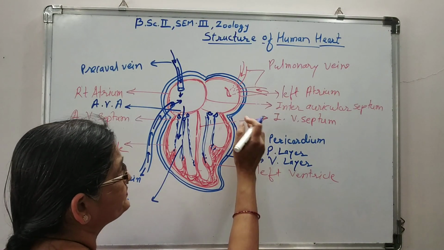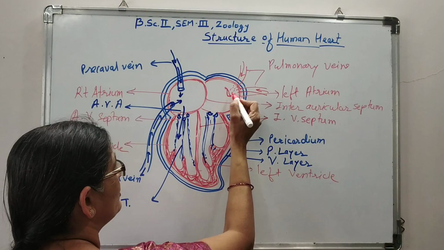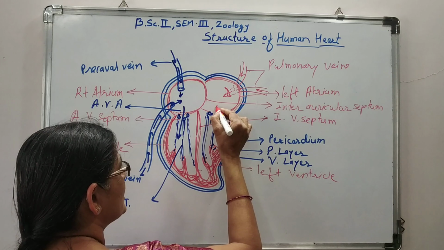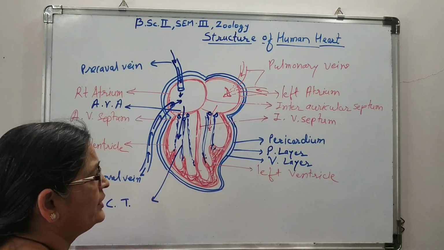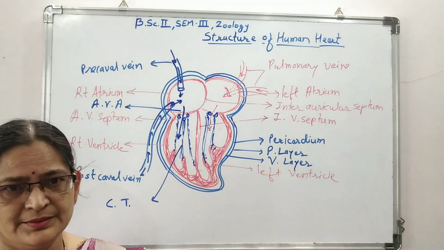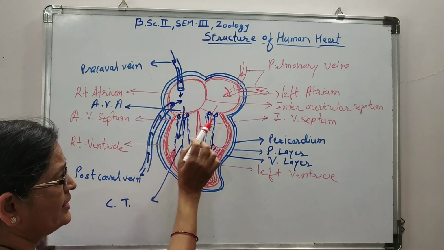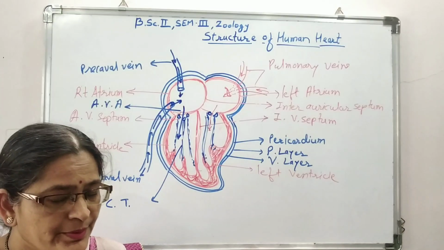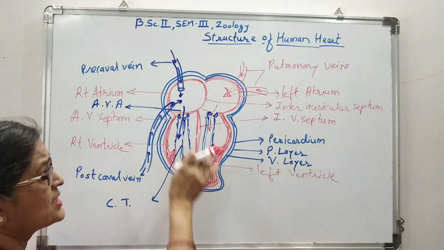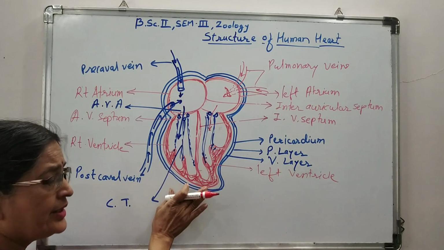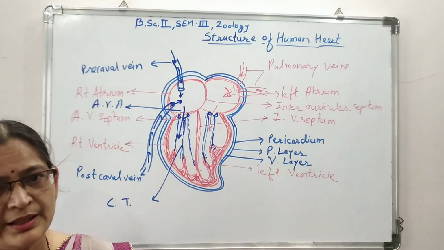Same here, the pulmonary veins carry oxygenated blood or pure blood which passes through the auriculoventricular aperture into the left ventricle. So what is the function of the tricuspid and bicuspid valves? It prevents the backward flow of blood. Means once the blood enters from the auricle to the ventricle, it cannot pass back into the atrium.